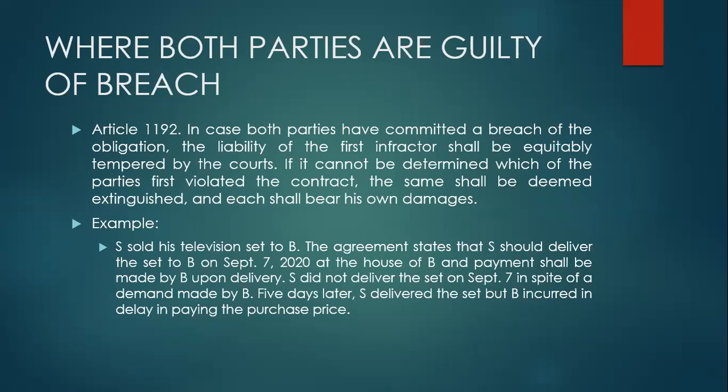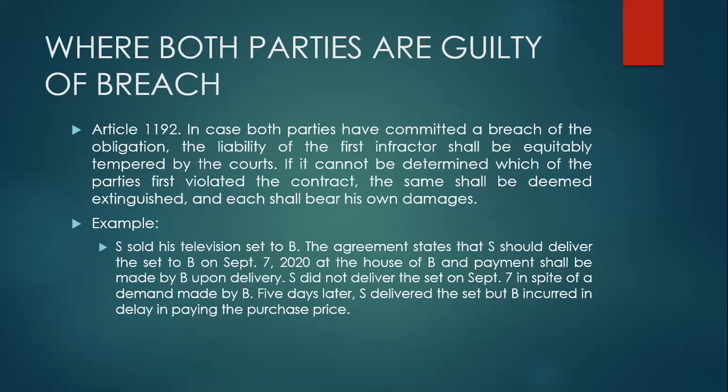So what will be the rule here? In a suit between S and B, the liability of S for damages should be equitably tempered by the court, taking into consideration the breach also of the obligation on the part of B.